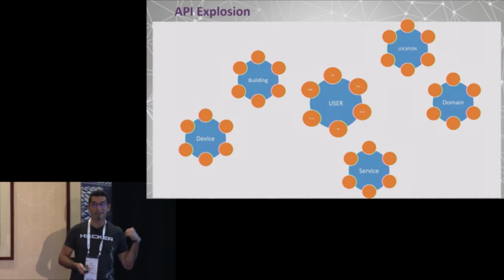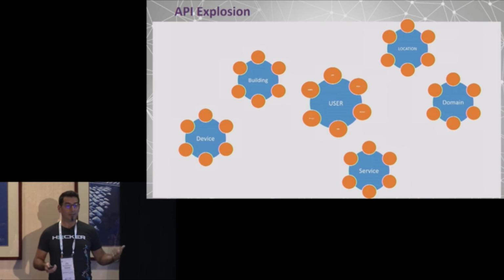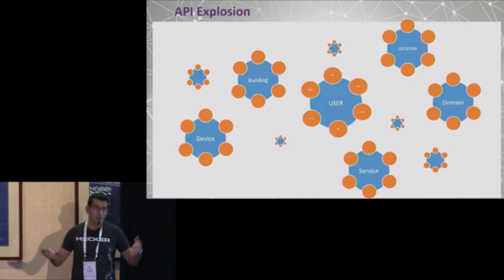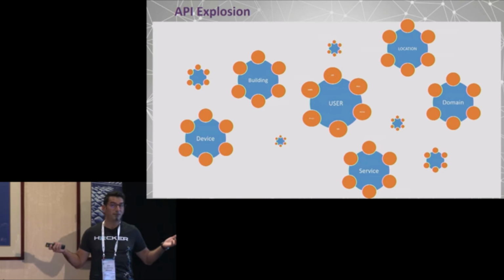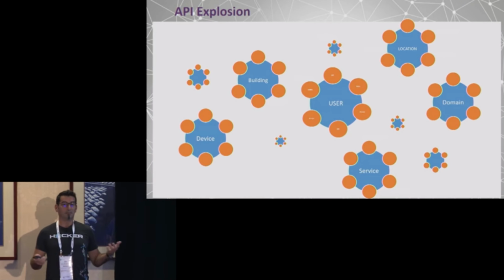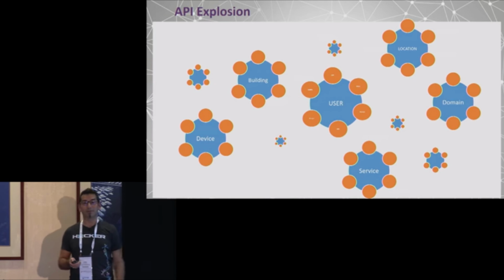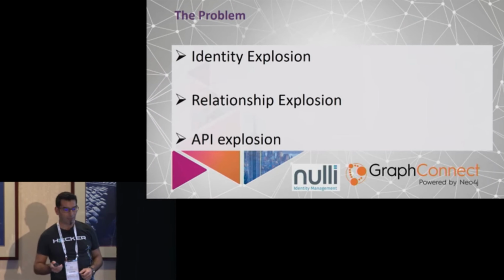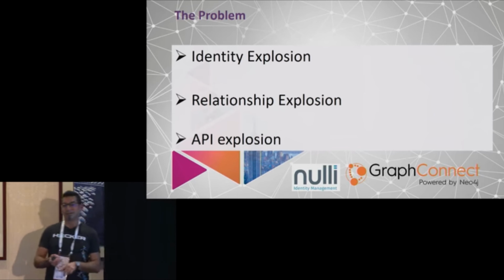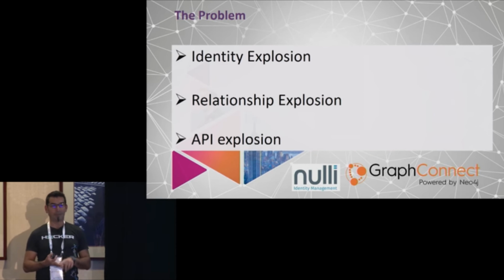And that's true for all the entities in our graph. But again, nowadays, we've seen that organizations have hundreds, even thousands of APIs. So this is quite a big problem to be able to manage all the accesses to all of these things, right? So the problem then: identity explosion, relationship explosion, and API explosion.